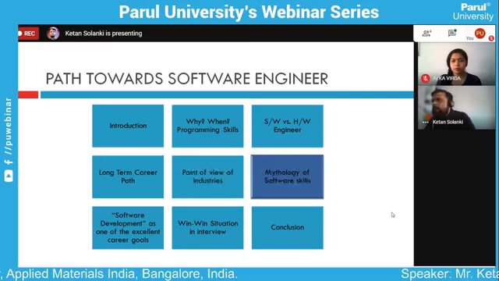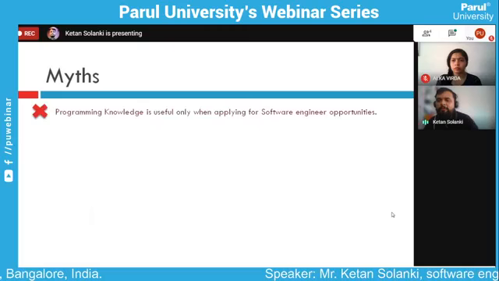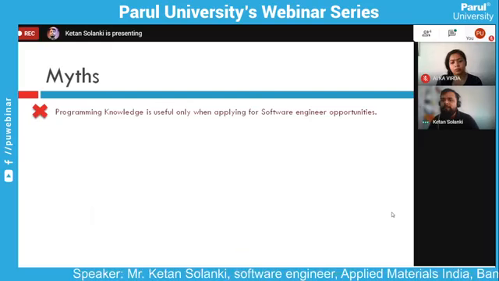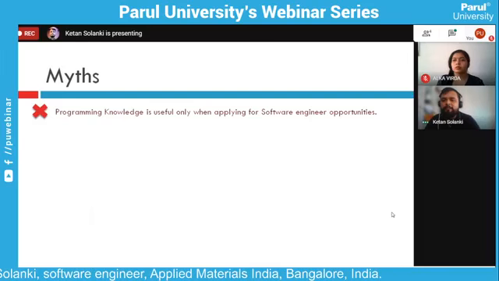Next, we have some myths that we should avoid when going for an industrial job. The very first is that programming knowledge is useful only when we are applying for software engineer opportunities. This is a myth, not in a fake sense, but in how we believe and how we have grown up in our engineering field while studying.